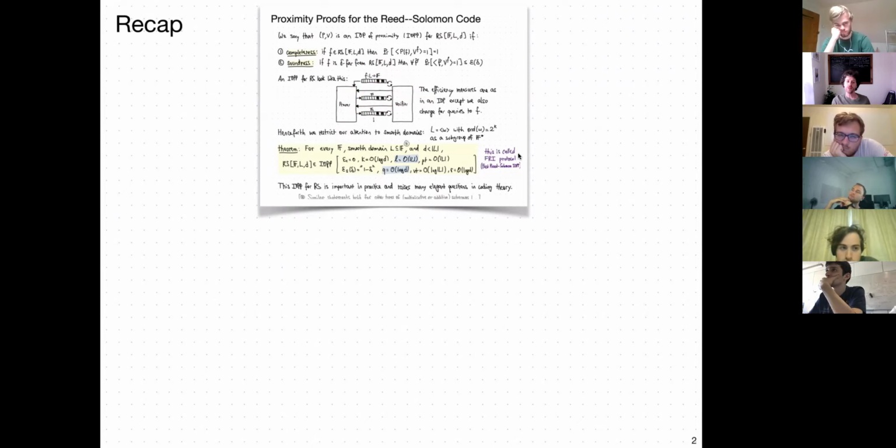And what I'm going to do now is to tie this abstract model to the actual protocol that we saw yesterday and make sure that we exactly see what happens. But at least the notion of this model of IOPs, you should think about having a function that you can query, and then you have a prover which sends you some more functions that you can query. That's the idea.